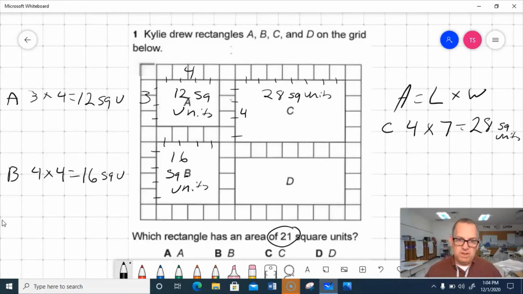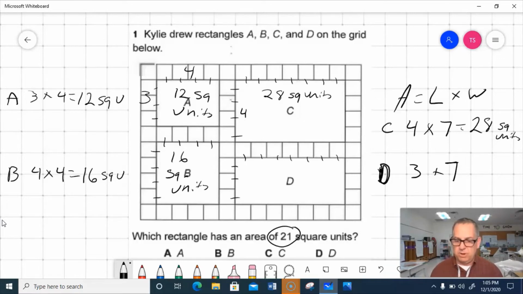And for rectangle D, I'm assuming it's going to be our 21 square units, because we haven't come up with 21 square units yet. The length of rectangle D is 3 units. It's an ugly D, sorry about that. I'm going to multiply that by 7, so 3 times 7.